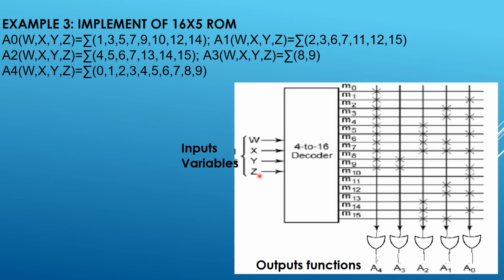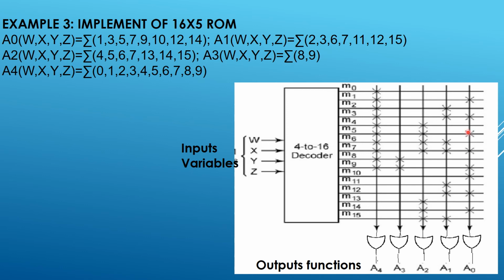You have to construct a 4 to 16 decoder. So it has got 16 AND gates arranged, fixed over here, whose minterms are m0 to m15. So you have to draw corresponding output functions. There are 5 functions in it ranging from A0 to A4.